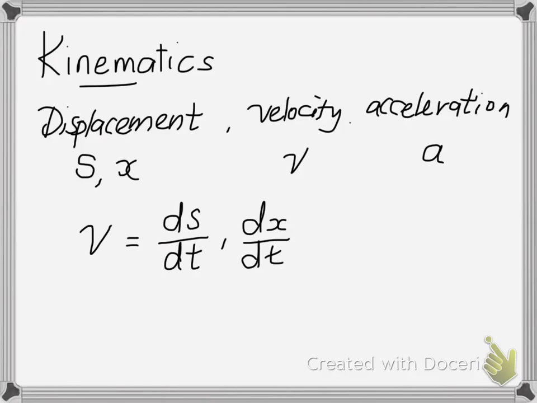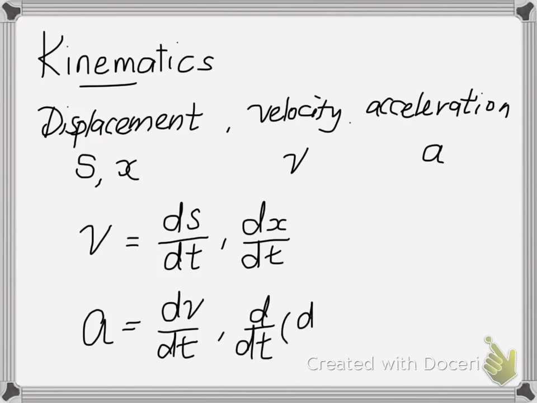Alright? And what is acceleration? It's the rate of change also. So what is it a rate of change of? Acceleration is the rate of change of velocity. But we also say velocity was the rate of change of displacement, yes?